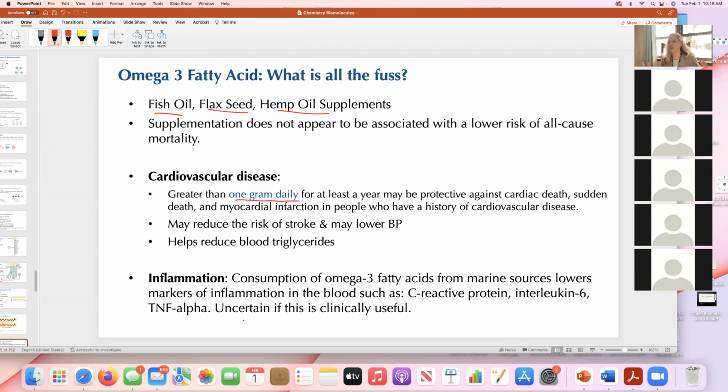These might be names of substances that don't mean a lot to you, but they will once we get into our immune section, okay? And so it's uncertain if any of this, omega-3s working on the inflammatory system, is actually all that useful, okay?